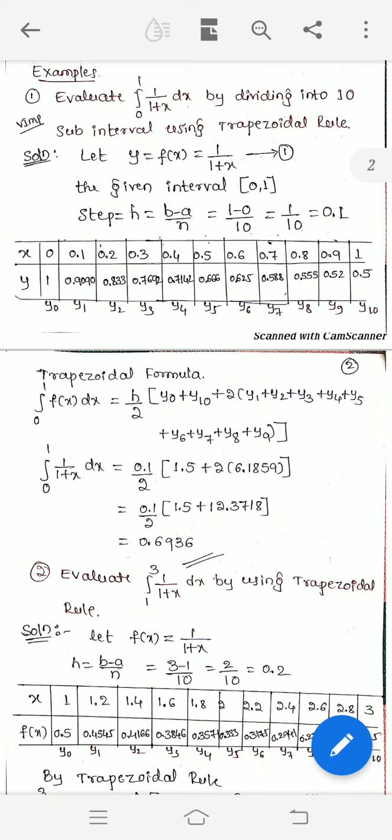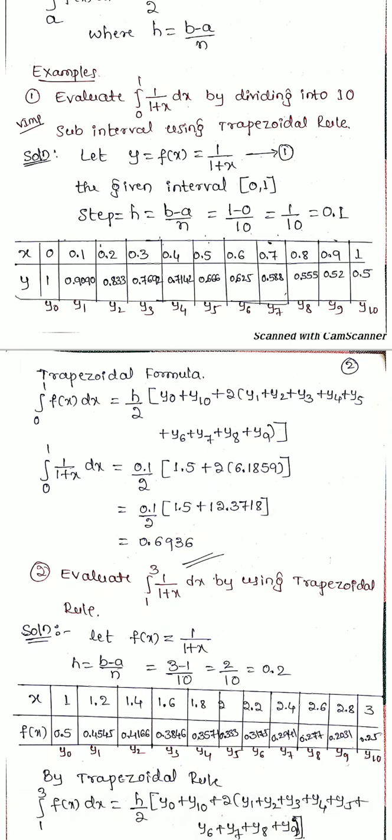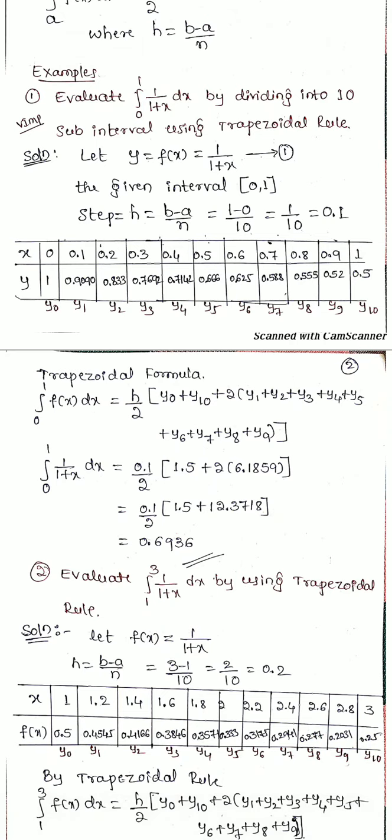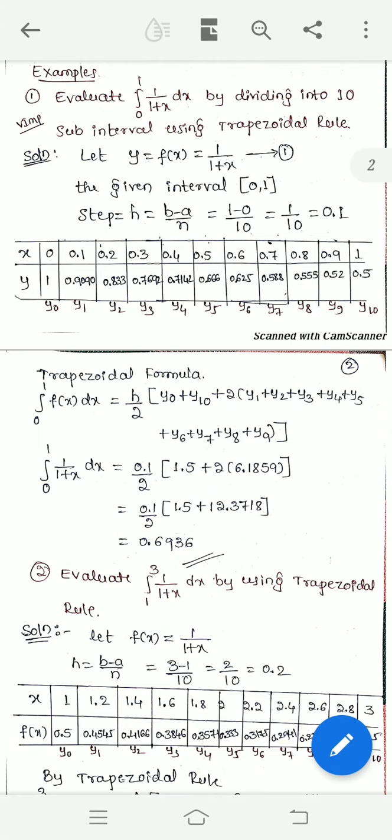Okay, so if x equals 0.2 in equation number 1, then we are getting the y value as 0.833. Similarly, if x equals 0.3, the y value is 0.7692.